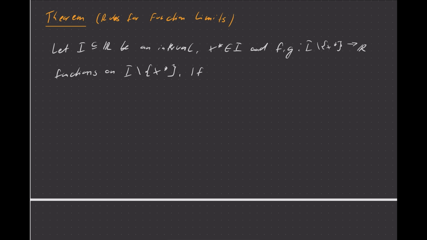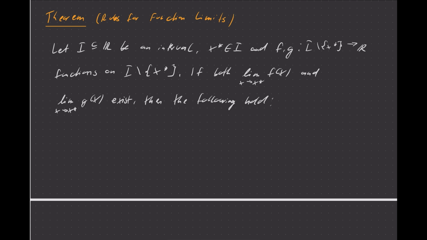So if both limit f of x as x tends to x star and limit g of x as x tends to x star, if both of these exist, then the following hold.